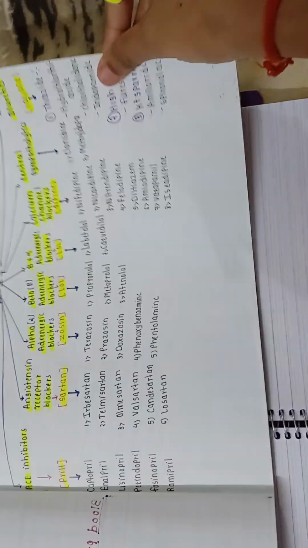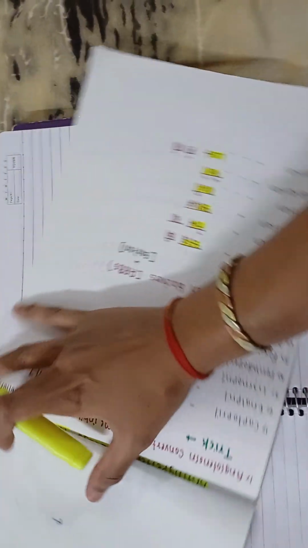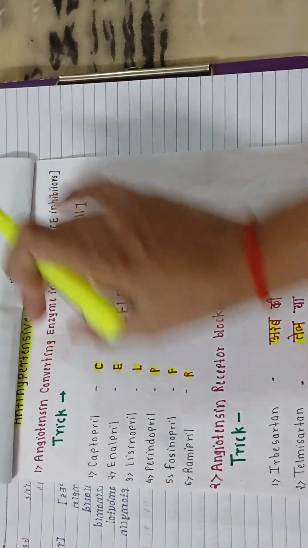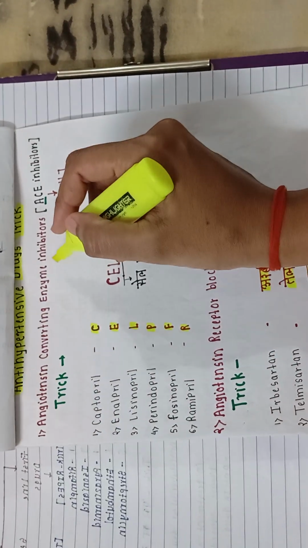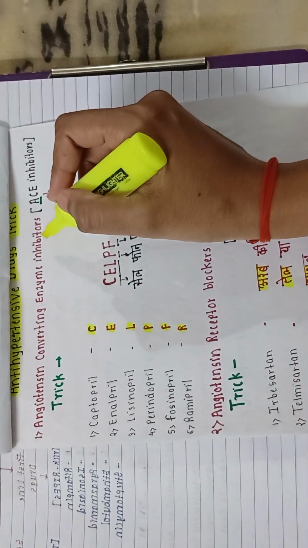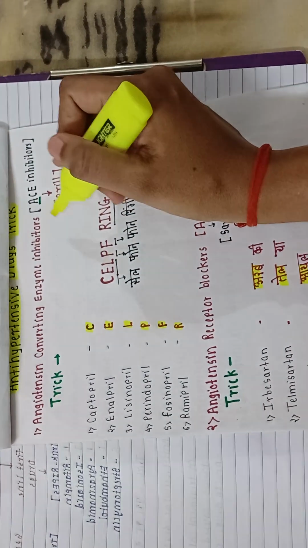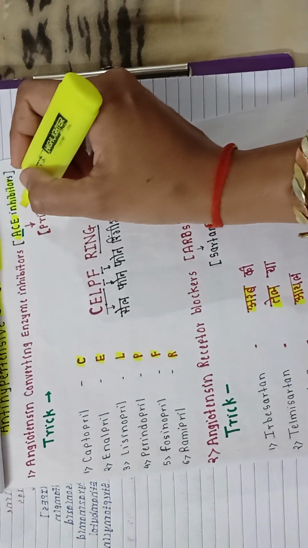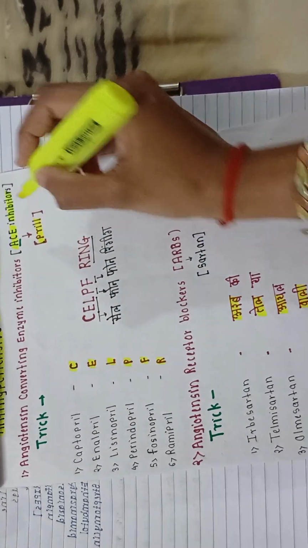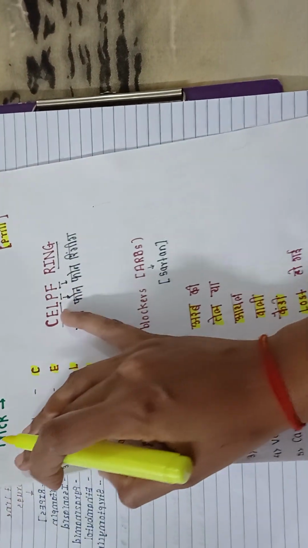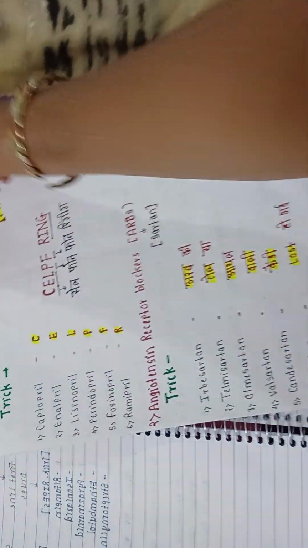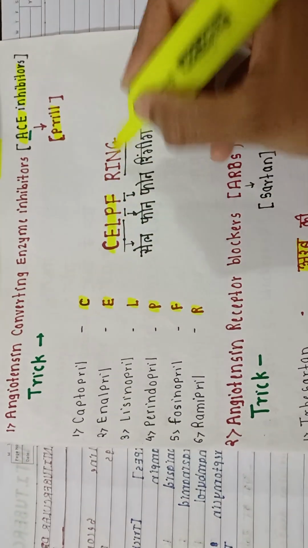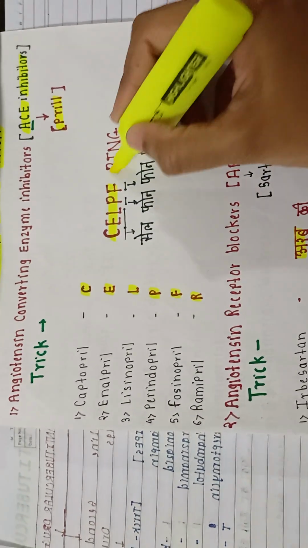Now we'll see the mnemonics for each class one by one. First class is the angiotensin converting enzyme inhibitors, meaning ACE inhibitors. The suffix is pril, and the trick for the ACE inhibitors is cell phone ringing.